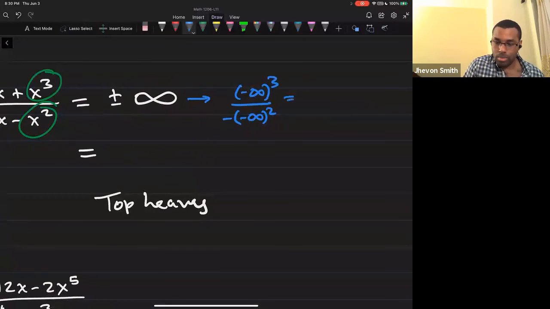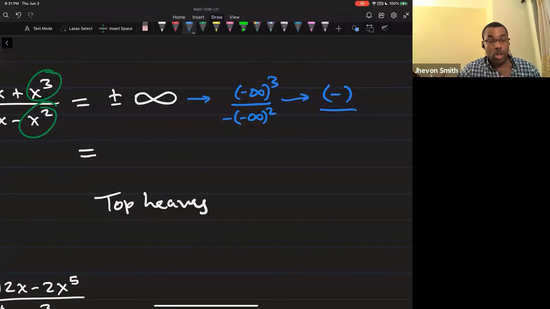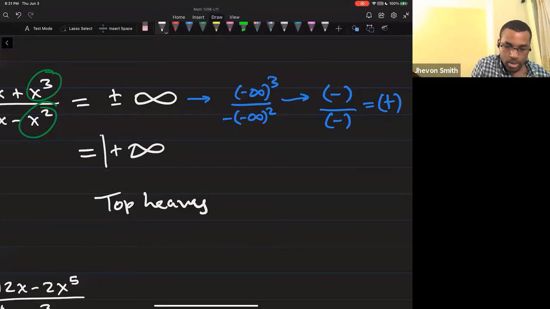It doesn't even make sense to write that, but we're not at infinity, so we're just thinking of infinity here as a huge number, bigger than anyone can imagine. If that number is negative and I cube it, what happens? It stays negative. If that number is negative and I square it, it becomes positive, but then the coefficient is negative, so it stays negative. What happens when you take a negative divided by a negative? You get a positive. So the answer is positive infinity.